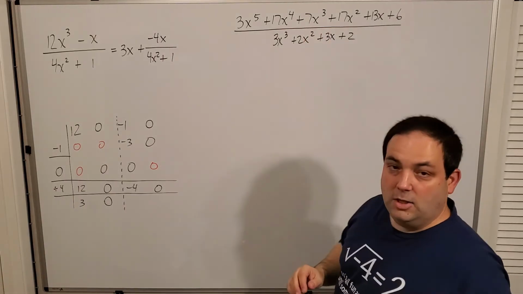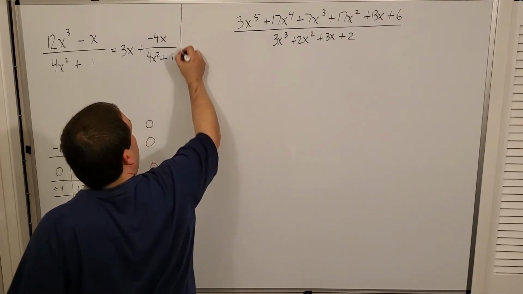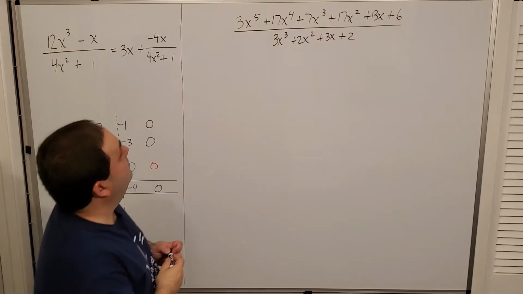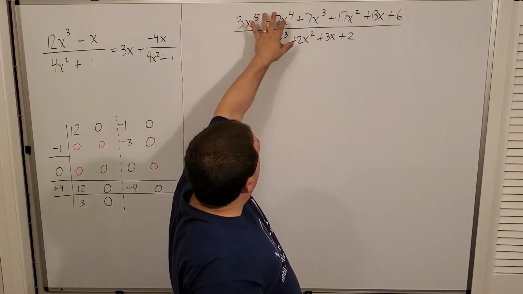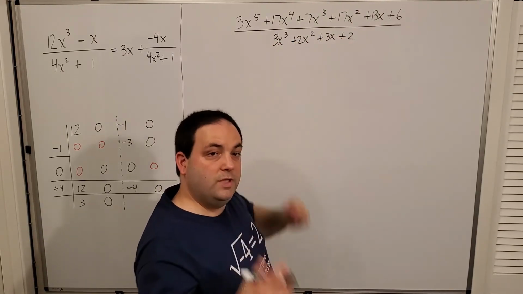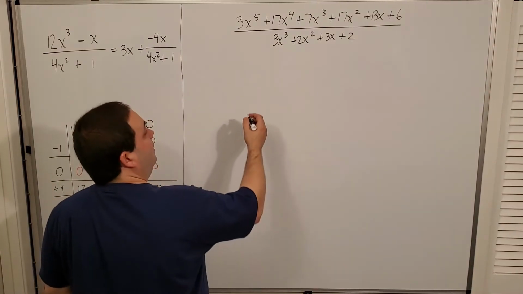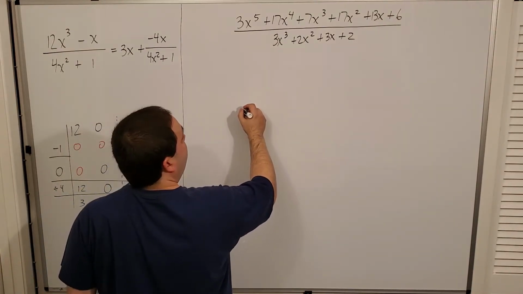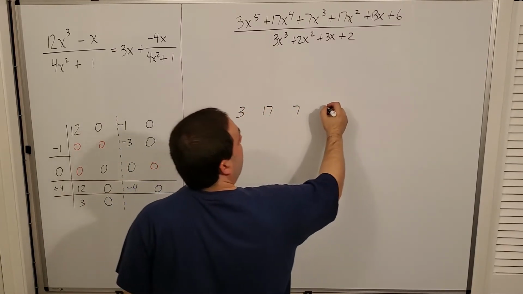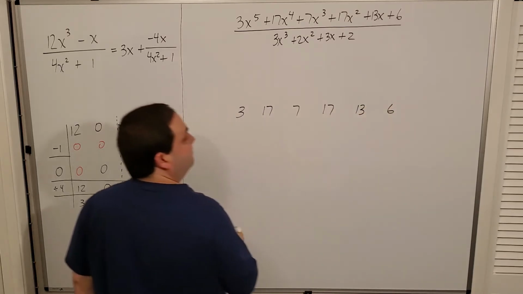Now, I picked a larger one here just so that you could get the grand scale of it. Get a generic one. Okay, 5, 4, 3, 2, 1, none, not missing any places. 3, 2, 1, 0, not missing any places. So let's go ahead and set it all up. I'm going to have a 3, a 17, a 7, a 17, a 13, and a 6.